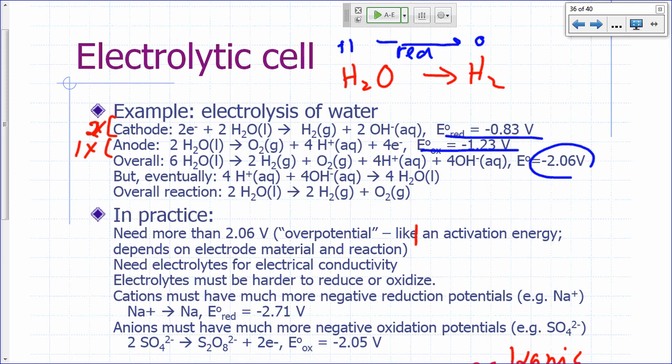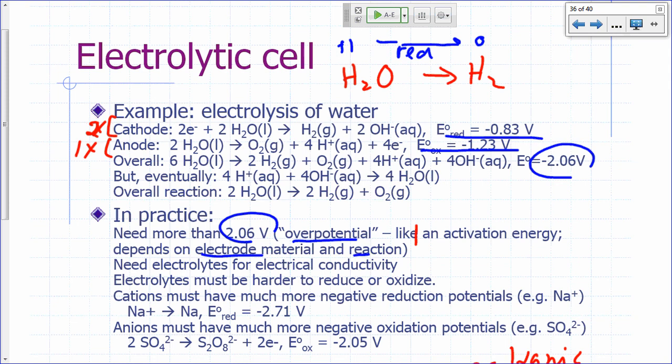Okay? So in practice, you need significantly more than 2.06 volts to cause electrolysis to occur. This is what we call an overpotential. It's similar to activation energy. There's a certain minimum energy that you need to get the reaction going, and it depends on what material you're using for your electrode and what the reaction is.